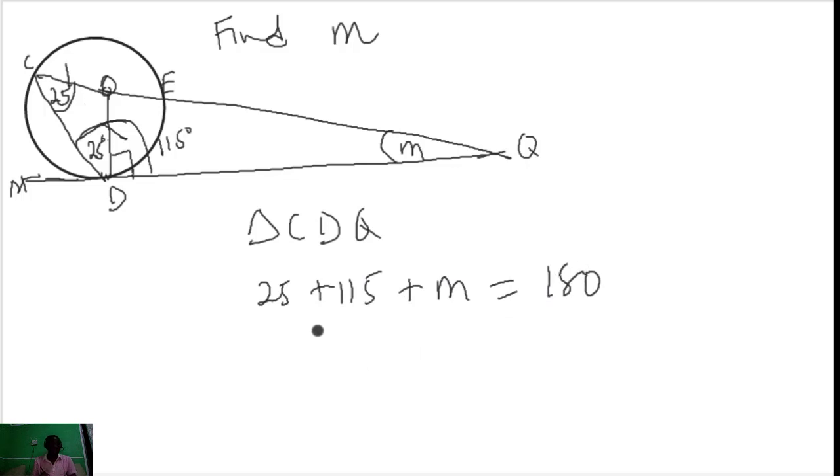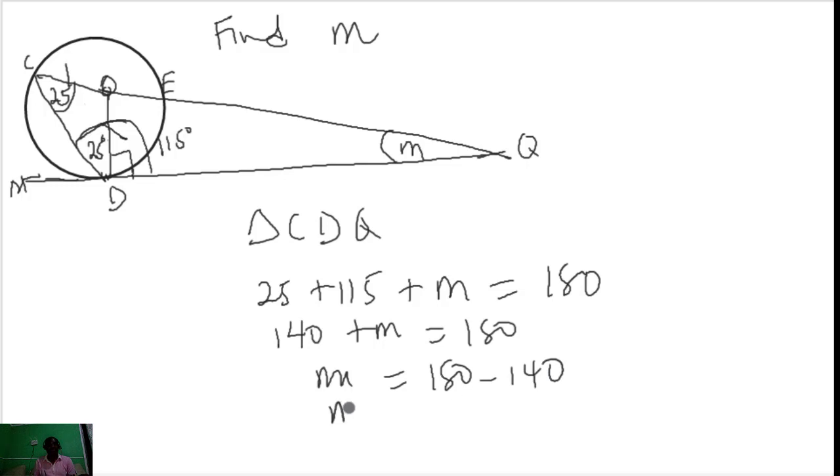So 115 plus 25 will give us 140, plus M is equal to 180. So M is equal to 180 minus 140. So M is equal to 40 degrees. Good.